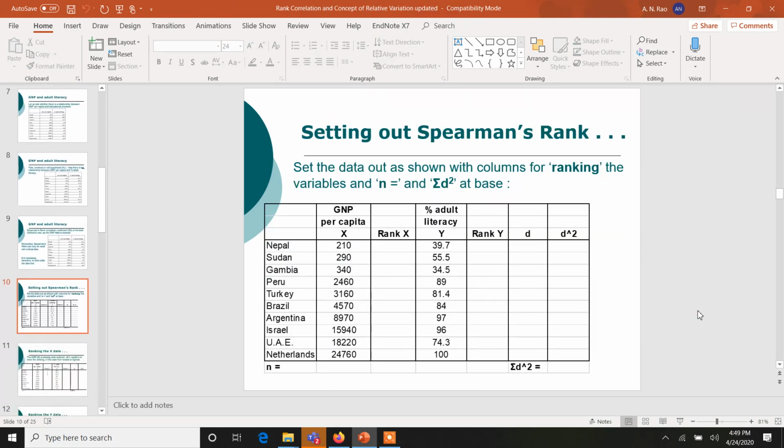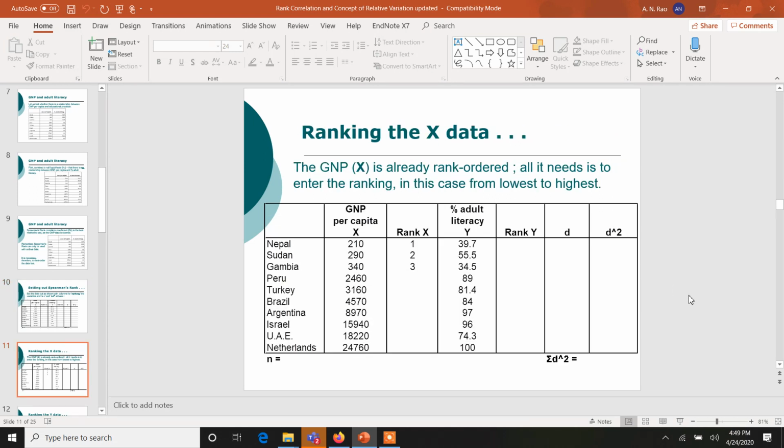We call one of the variables x and the other y, and that is purely arbitrary. You can call any one of these x. So let's say I call GNP x and percentage of adult literacy y. Now I want to find the rank of x and rank of y, and there are some other columns that you will understand in the coming slides.